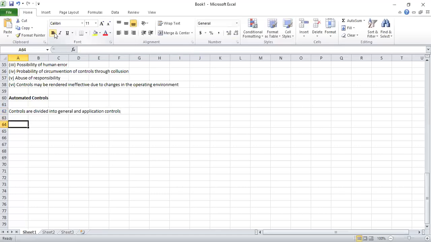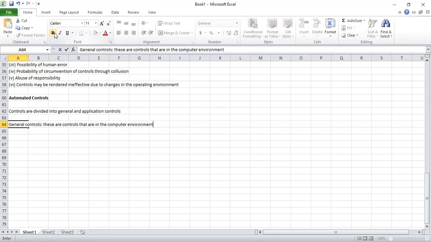Right. So we're saying general controls are controls that are in the computer environment, which are in place prior to any processing or user interaction.